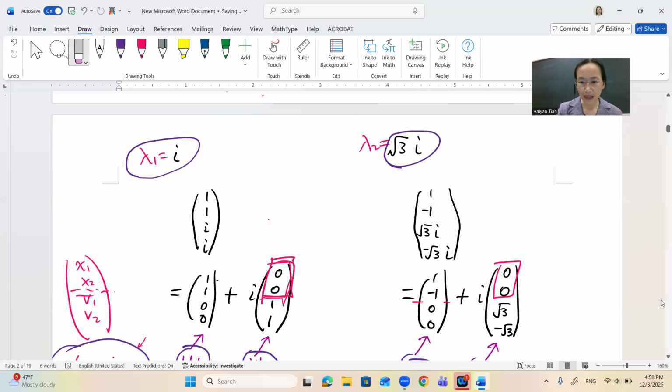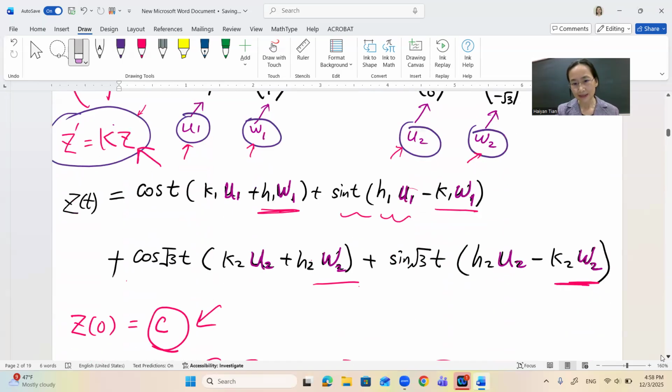So 1, -1. So let's extract only the top 2 entries, 1, 1 or 1, -1, because right now we focus on the X only.